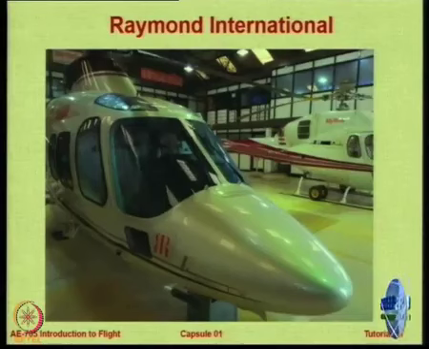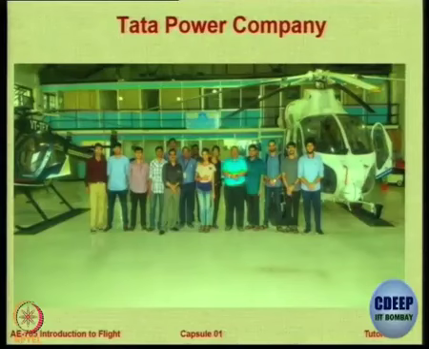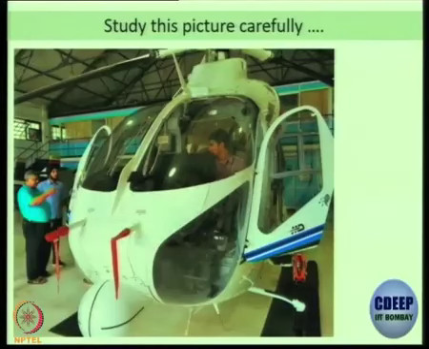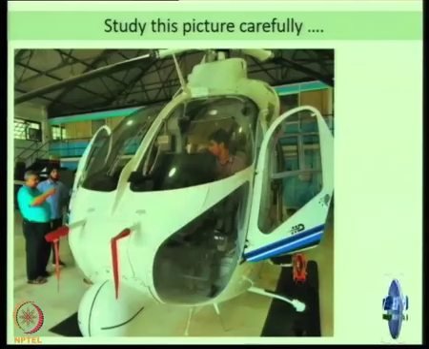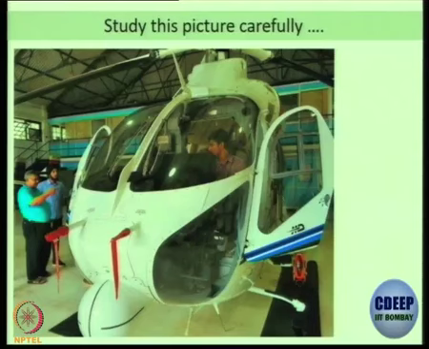These are being maintained. And we also had a look at the Tata Power Company, where they also had another 2 helicopters. So the major discussion that will take place in this tutorial is about these 4 helicopters. And then in the end I will show you another interesting aircraft.